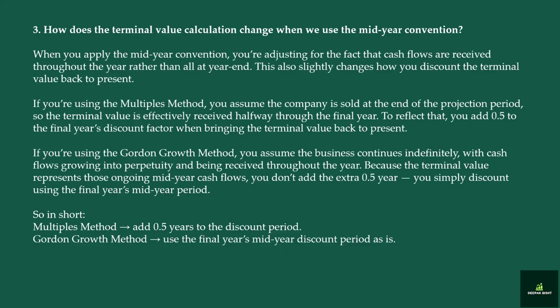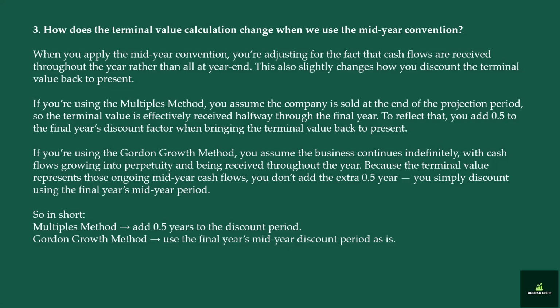That's why we added 0.5 previously, in the example I just showed you in my Excel. Mathematically, if the final projected year is year n, instead of discounting by n minus 0.5, as we do for mid-year convention, we discount the terminal value by n years, effectively adding 0.5 to the discounting period to reflect the terminal value occurring slightly later in time.